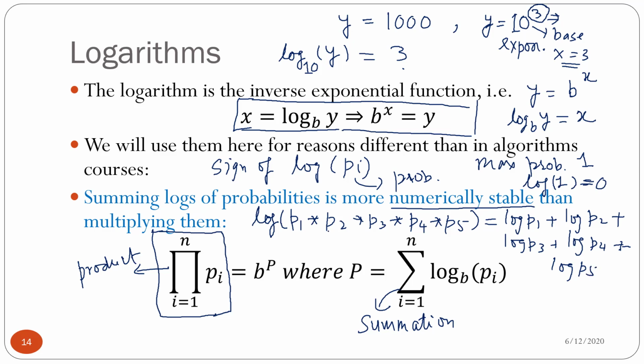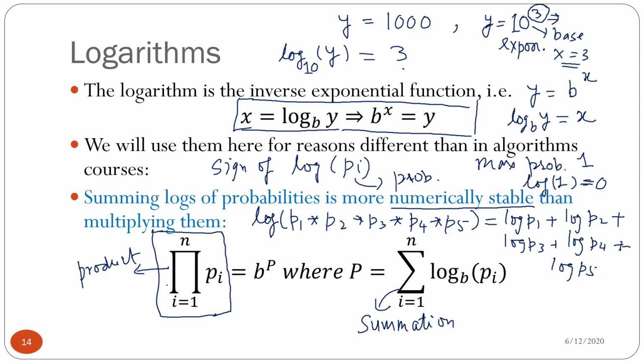Alright, so when we compute the log of the multiples, then that results in the summation of log of each value, right? So this converts to log of p1 plus log p2 up to log pn.